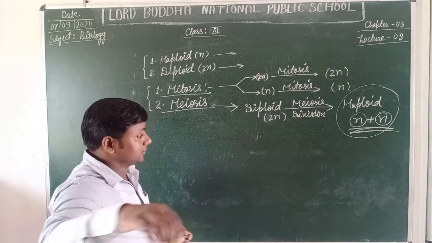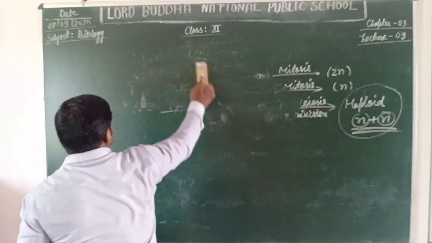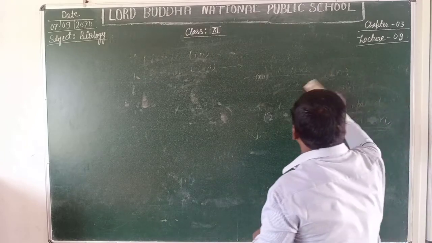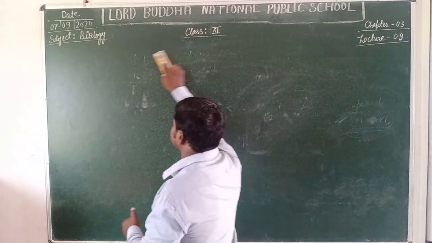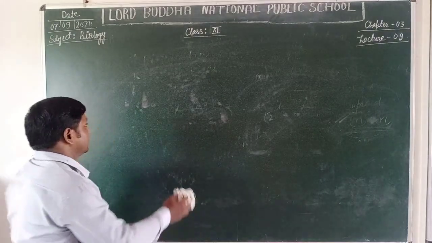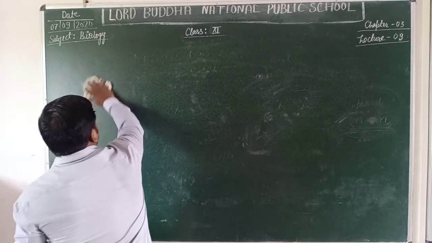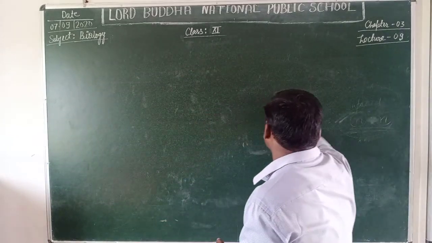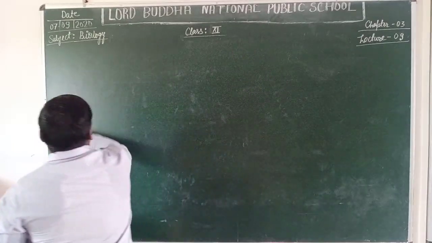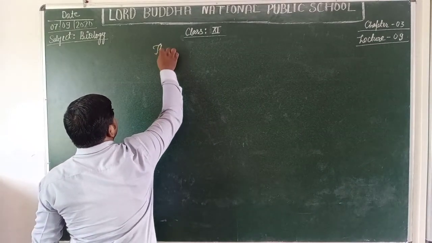Thus, students, further we are going to discuss the life cycle in plants. There are three types of alternation of generations found in the specific plants of different types. The life cycles.